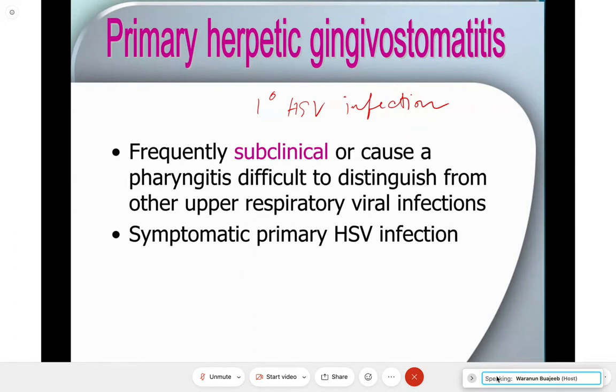They cause pharyngitis, similar to upper respiratory viral infection, but about 1% can cause symptomatic primary herpes simplex virus infection. With this type, normally we as dentists can see patients with symptomatic primary infection. The patients may be children, adolescents, young adults, or even quite elderly if never in contact with the virus before.